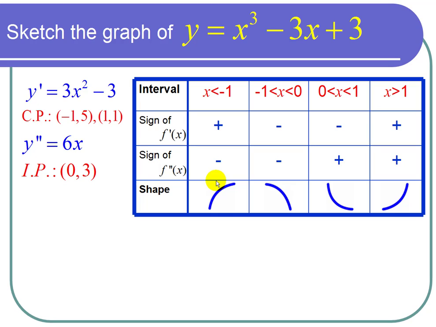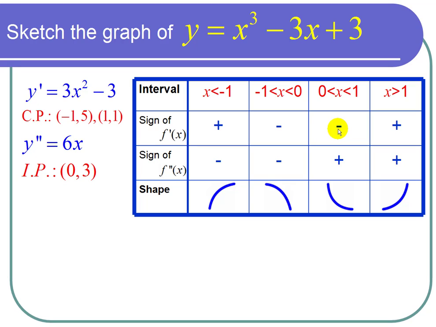So it goes down and gets steeper as we go. For x between 0 and 1, the graph is going to be decreasing and concave up. So it goes down and gets less steep. And if x is greater than 1, the graph is increasing and concave up. So it goes up and gets steeper.